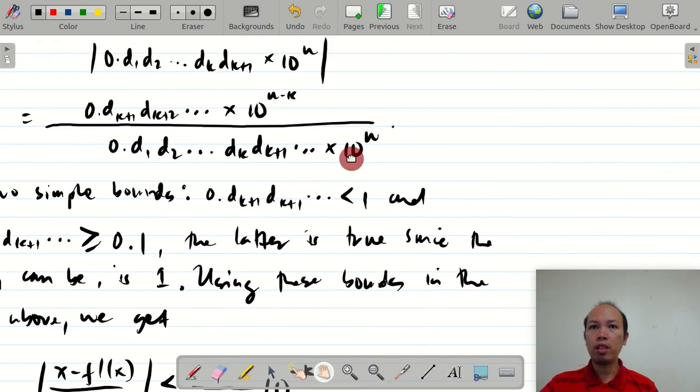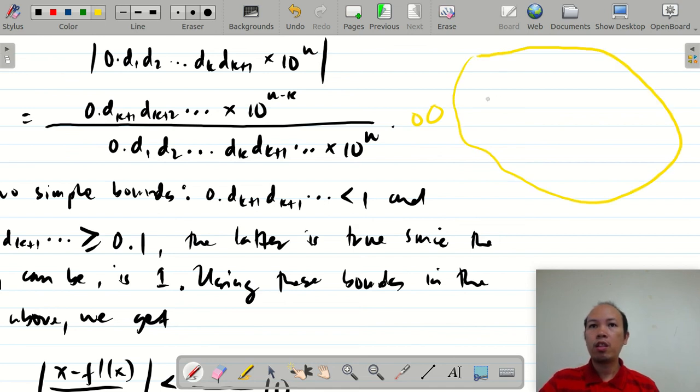As you have noticed here, these two, if you have a bubble thought here, we have n minus k, no, not k, this is n. So n minus k minus n, so the remaining value is negative k.